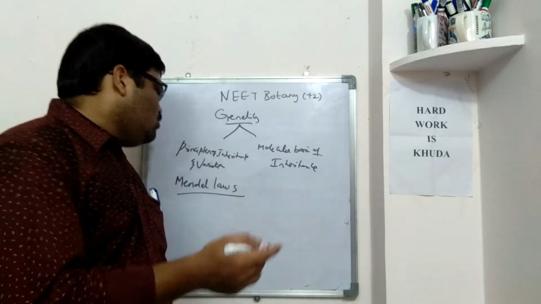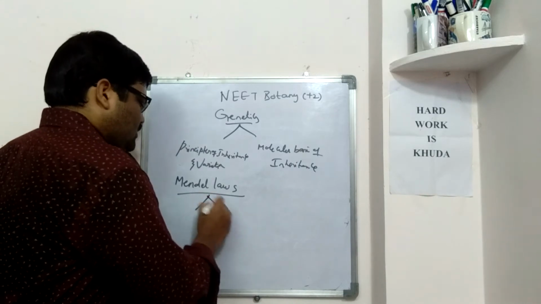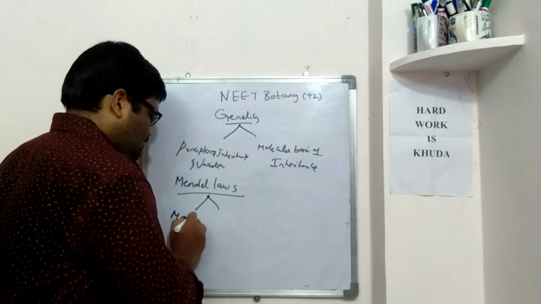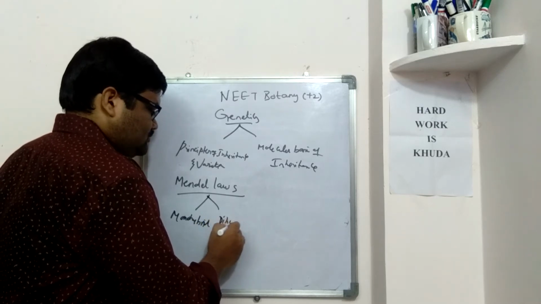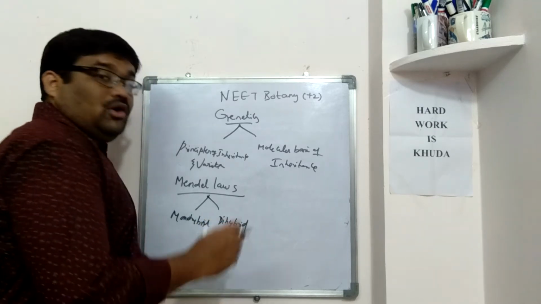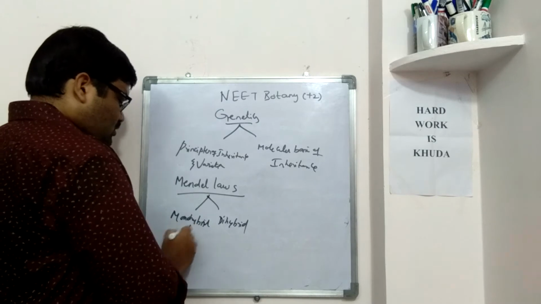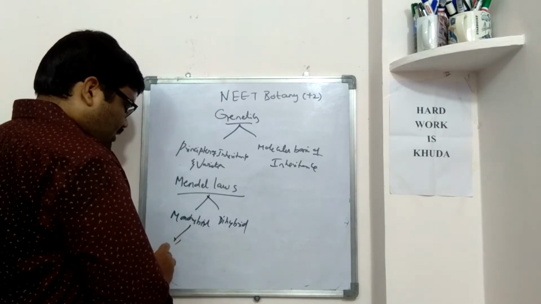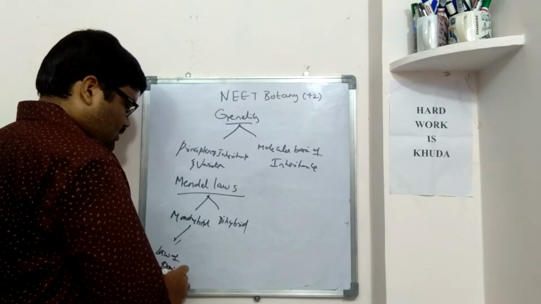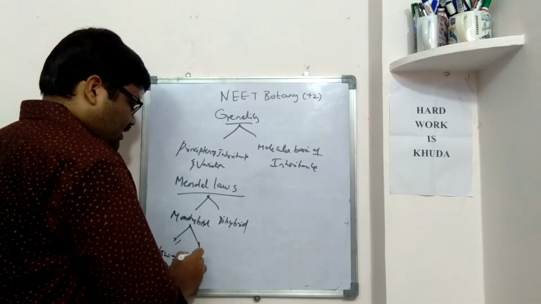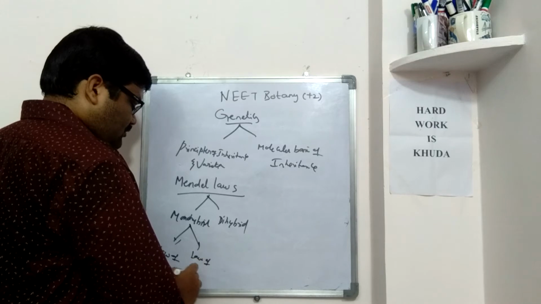There are two kinds of observations, based on monohybrid cross and dihybrid cross. Monohybrid cross leads to observation of the first law, what we call law of dominance. And another one is called law of segregation.